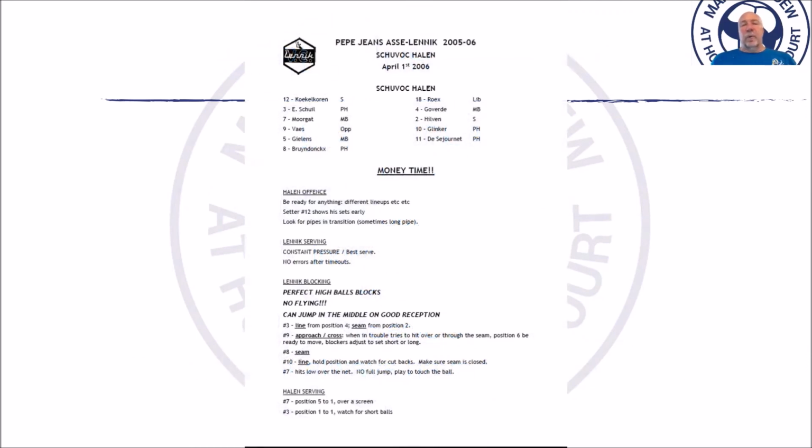Here are some examples of game match plans that I have actually used. So this was one particular season, and this is basically all of the information that we need to have in the game. I like to put the opponent's team list on there so we know who we're talking about, and I always use names and not numbers.